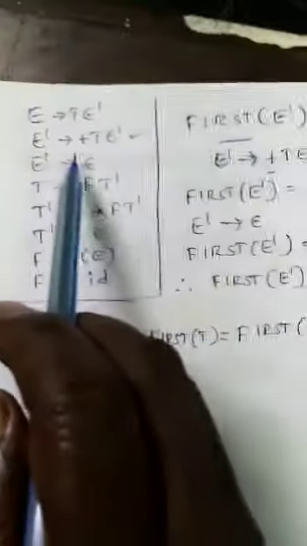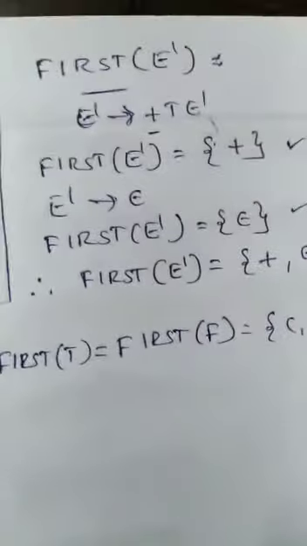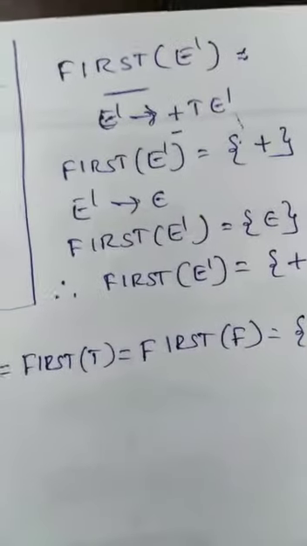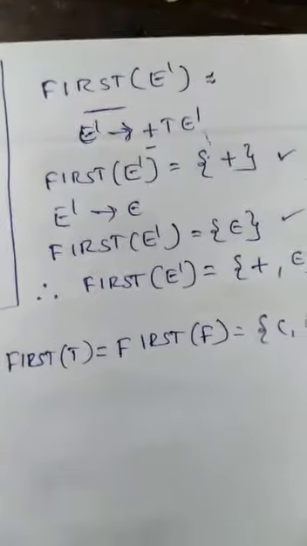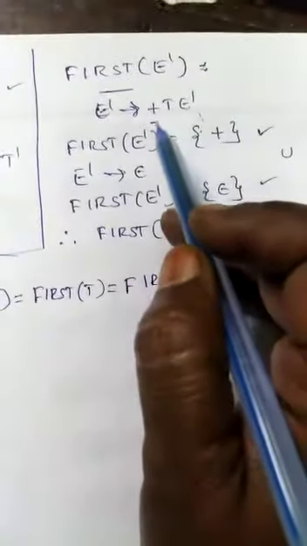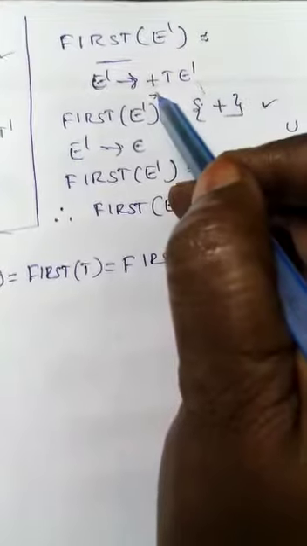E dash tends to plus T E dash. This is the grammar to find the first of E dash value. Whatever immediately follows the arrow, terminal or non-terminal, that character we take as the first value.